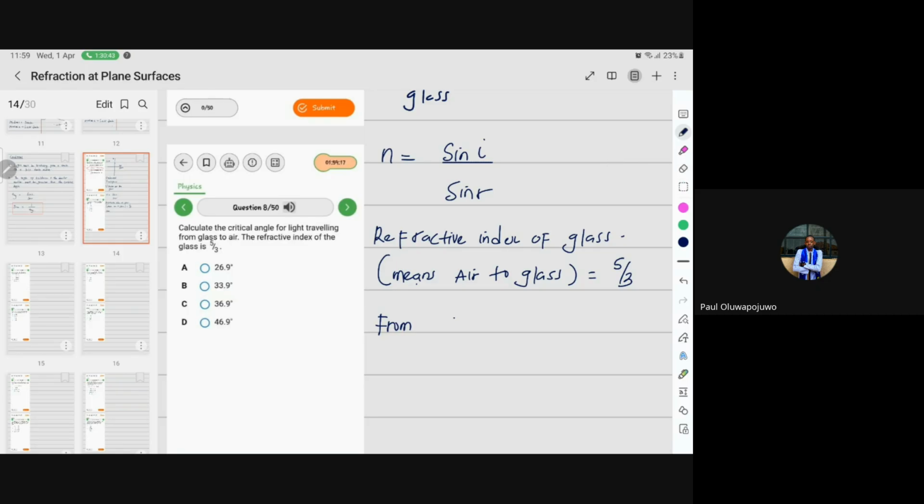Calculate the critical angle, which is sine R. Calculate the critical angle of the light traveling from glass to air. I'm trying to find an easier way to prove this for you guys, the formula I need to use. So the refractive index is 5/3. If the index is 5/3, I need to get my critical angle, which is my sine I.